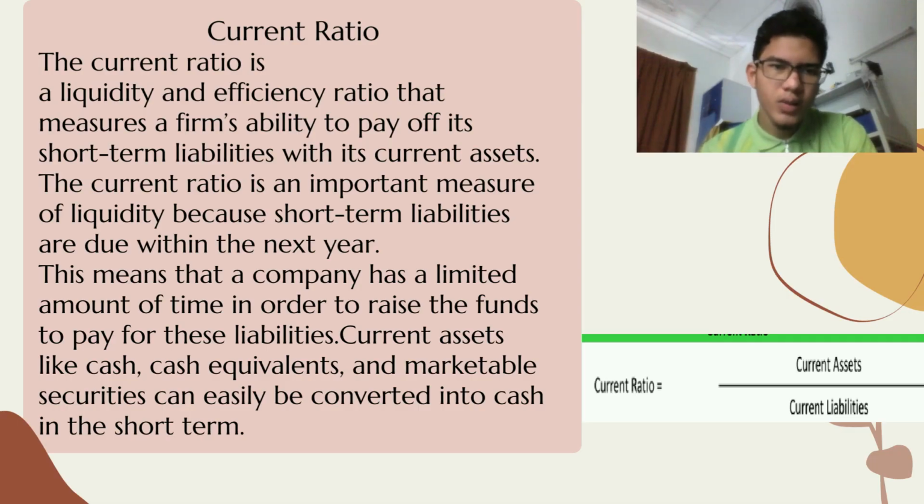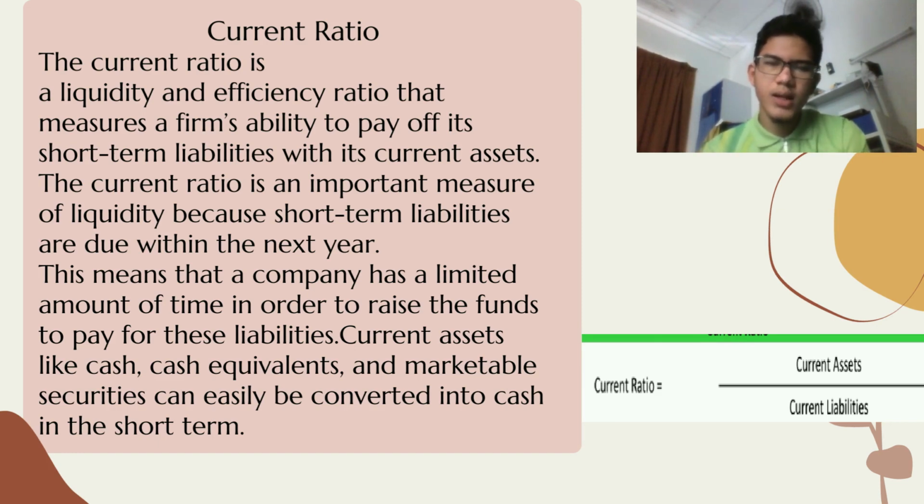And then the second one is current ratio. The current ratio is a liquidity and efficiency ratio that measures a firm's ability to pay off its short-term liabilities, which is current assets. The current ratio is an important measure of liquidity because short-term liabilities are due within the next year.